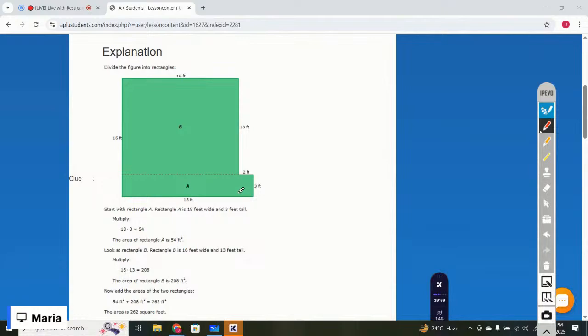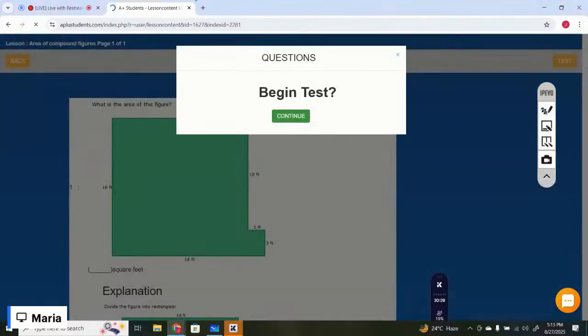So that is 18 times 3, that is 54, and the area of figure B is 16 times 13, that is 208. Then you need to add both the areas. Let's just start with the test questions.